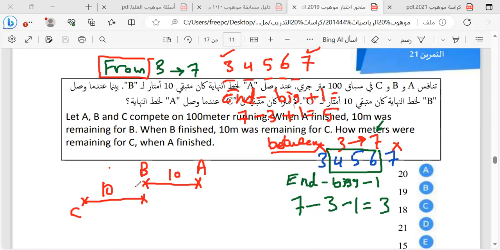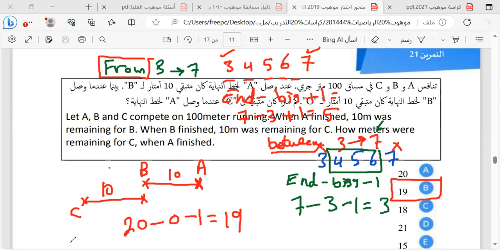So here, between A and C, the end from C to A is 20, right? Because 10 minus this, it will be finished, it will be 0, so 20 minus 0 minus 1 equals what? 19. So the answer is 19.